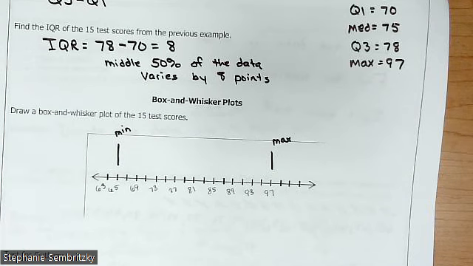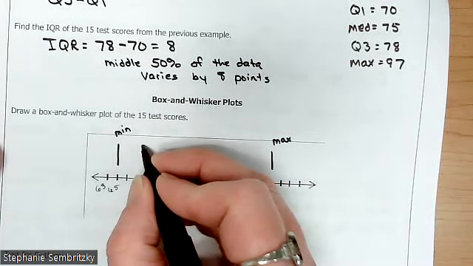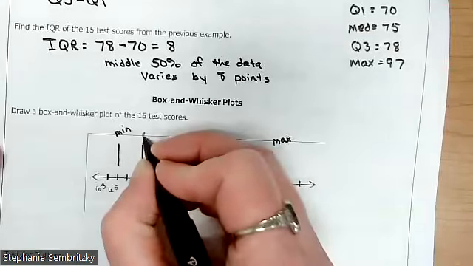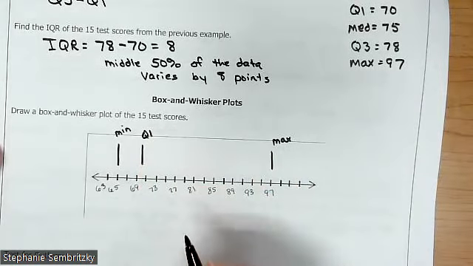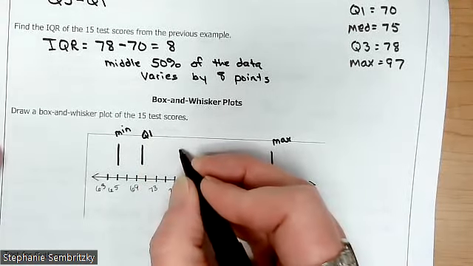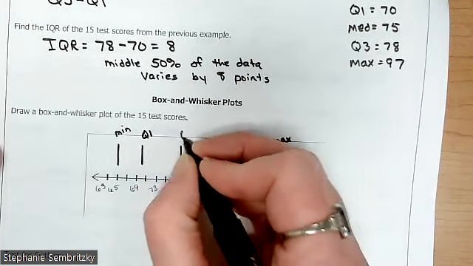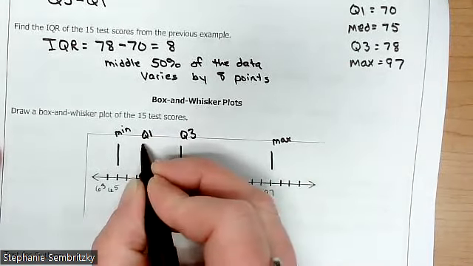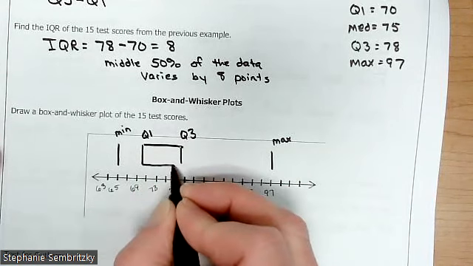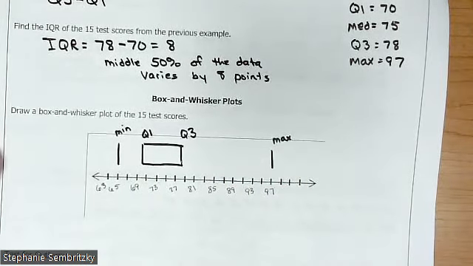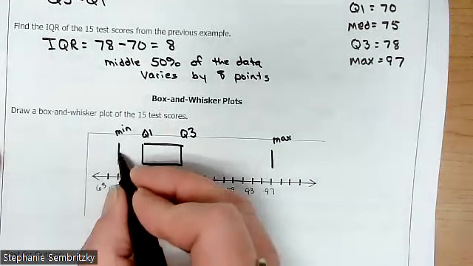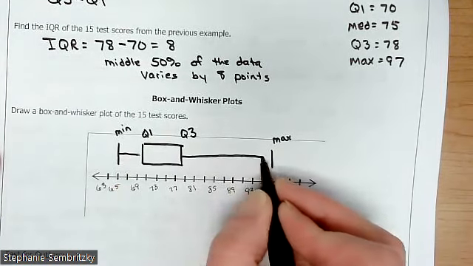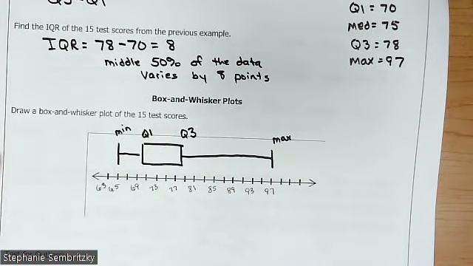So I'm going to put a line at Q1, 70. I'm going to put a line at Q3. And I'm going to make a box around the Q1 and Q3. Now, these are my whiskers going to the min and the max. That's how we make a box and whisker plot.